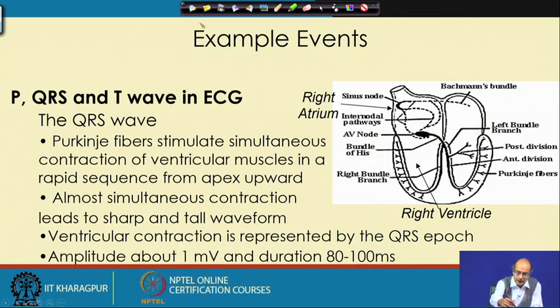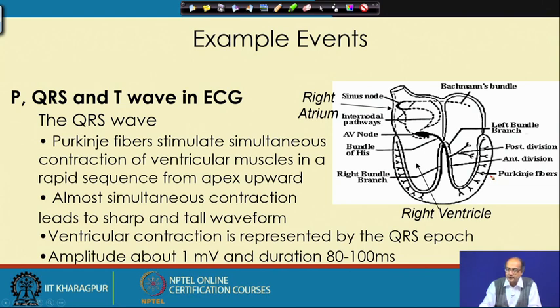So, after that, as it contracts, what is the physiological activity? As the ventricles start the contraction, the valves between the atrium and the ventricles, which were allowing the flow of blood from the atrium to the ventricles, will get closed.